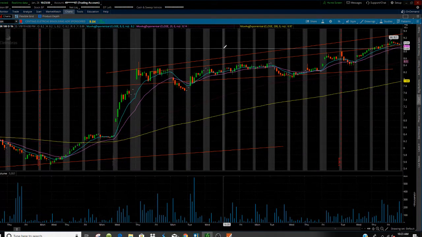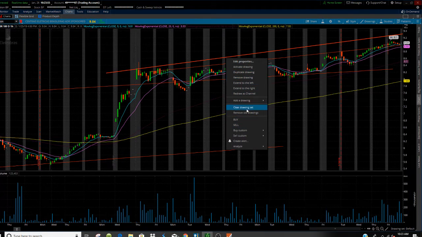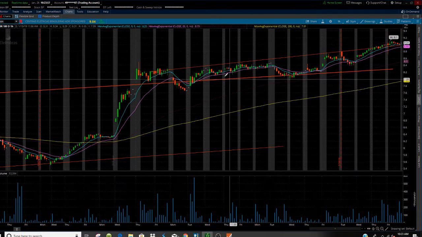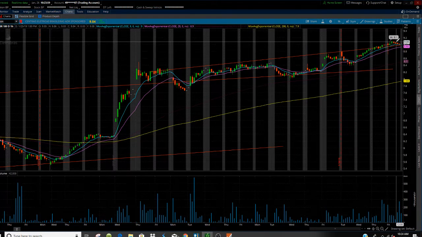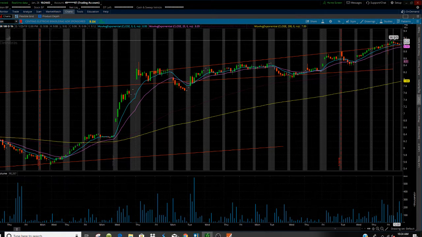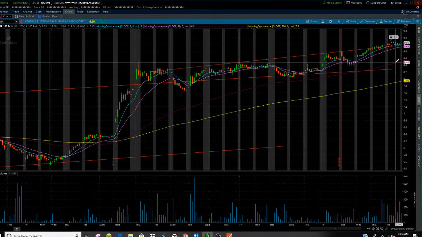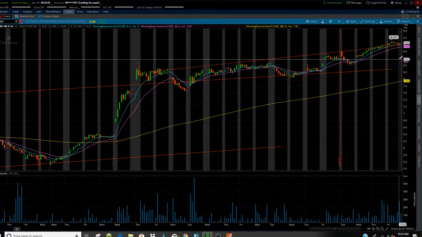All right, so now let's remove this one. Where is it? Remove drawing. All right, so now it looks like it is breaking over this trend line right here. So we should have some sort of pullback, possibly back down to the 850 mark.